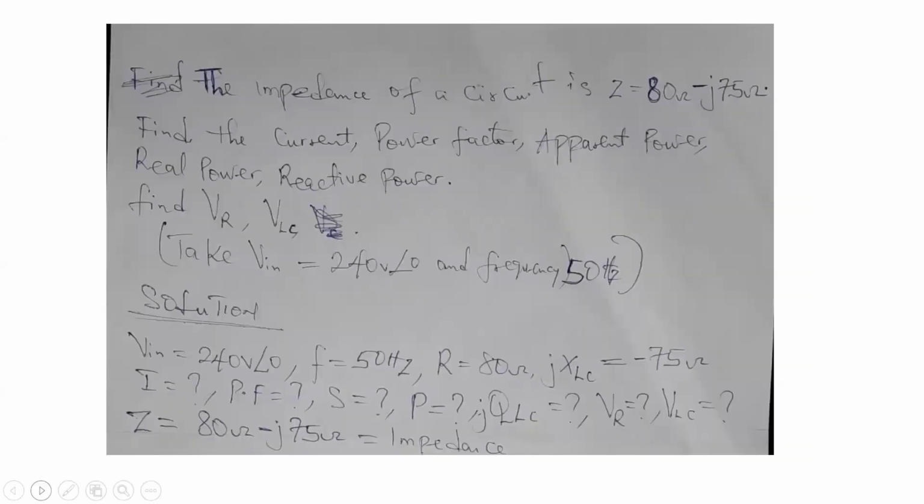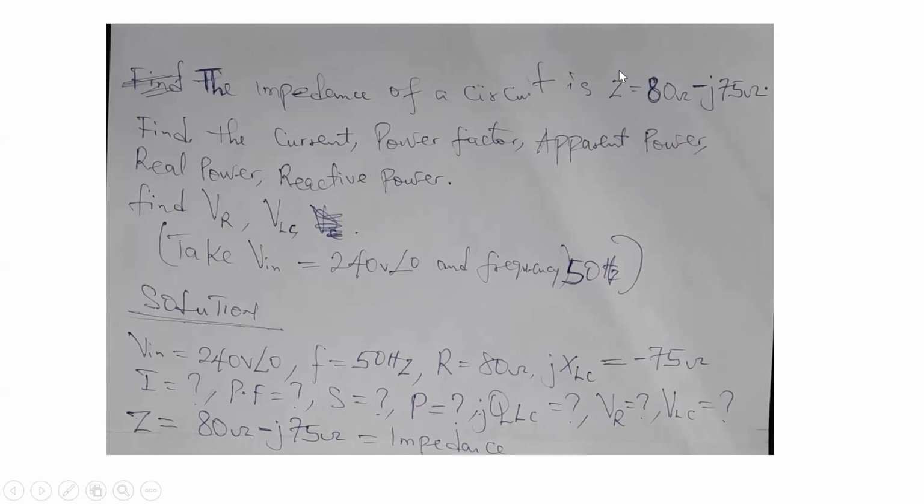This is another question. This question is a combination of everything we've done, both the reactance and the sinusoidal, the one we did in class. The impedance of a circuit is Z. Z is what we use to denote impedance.